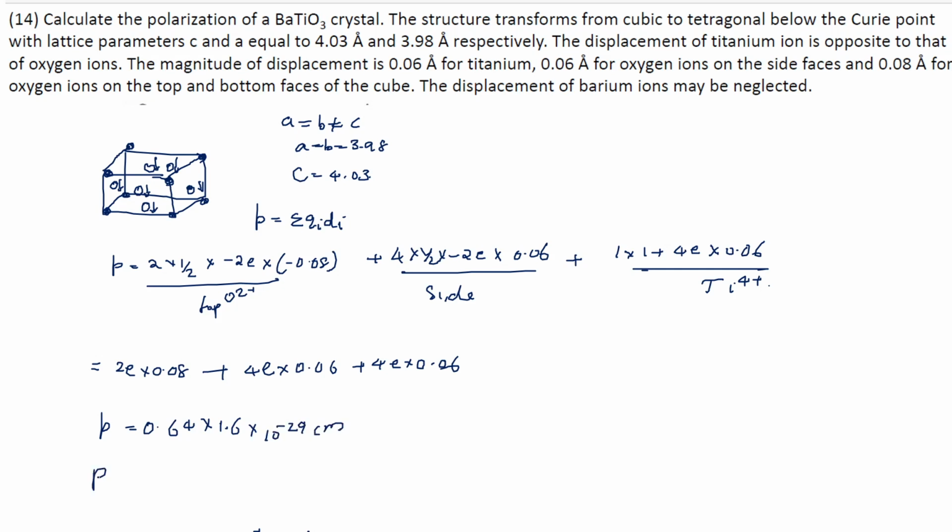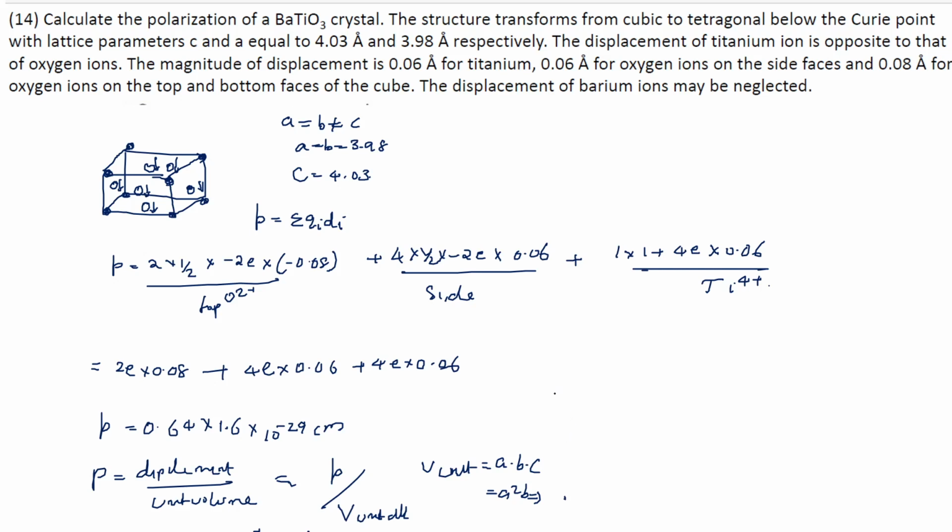So the polarization P value will be dipole moment per unit volume, right? So that will be P divided by volume of unit cell. Now volume of unit cell will be A, B, C, it will be A square C here. So you substitute everything. Now let us calculate the polarization value.